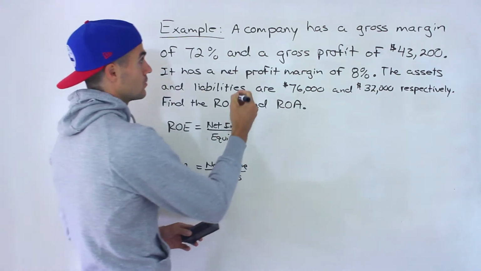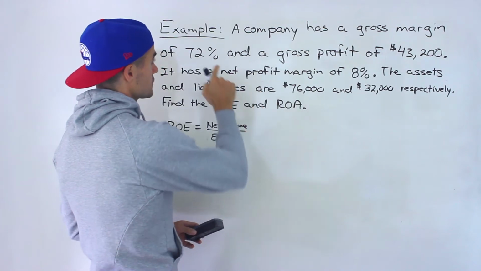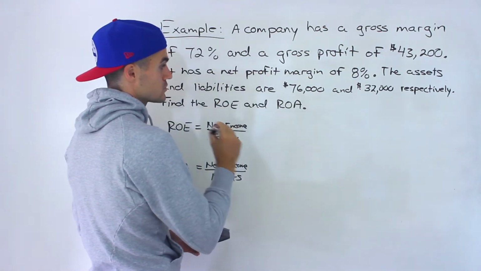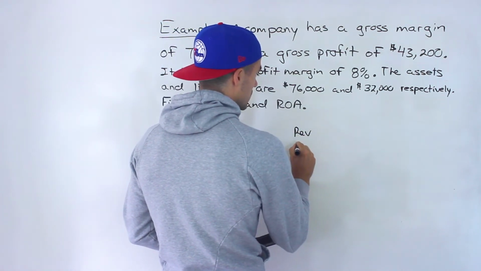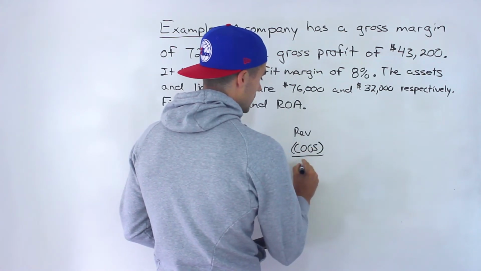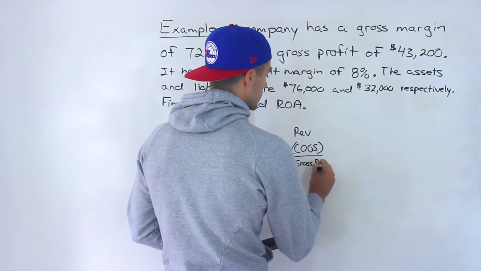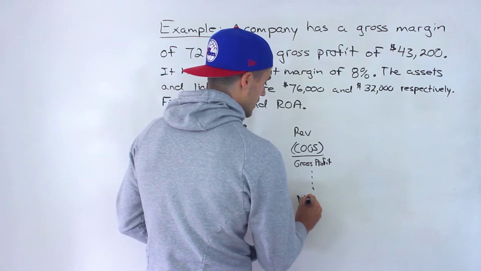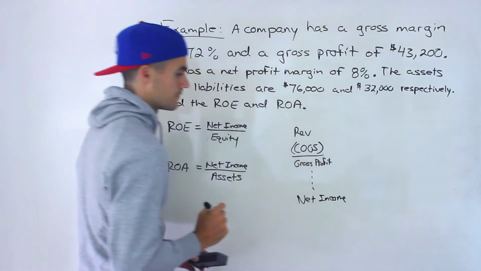So notice we're told that the company has a gross margin of 72% and a gross profit of $43,200. As a review, we have revenue, then cost of goods sold, and then we end up having gross profit. And then there are some expenses, and we end up having net income at the very bottom.